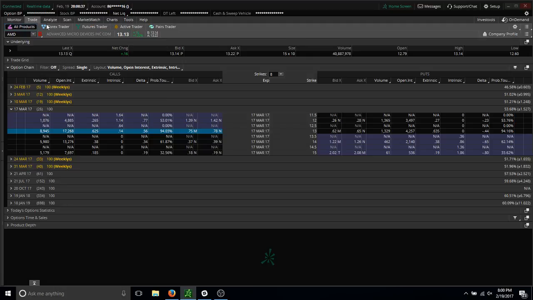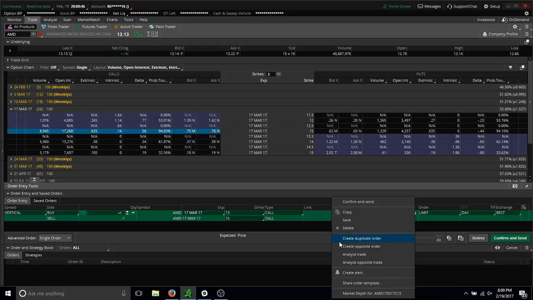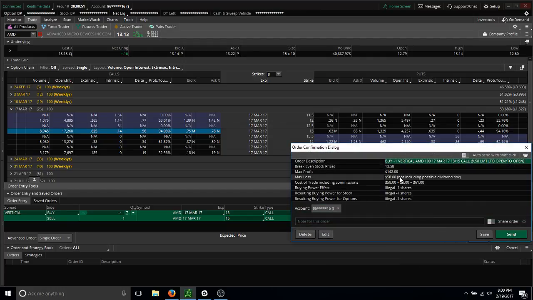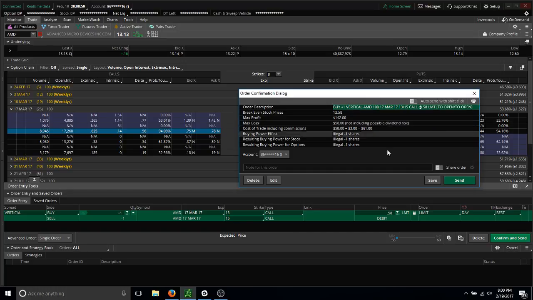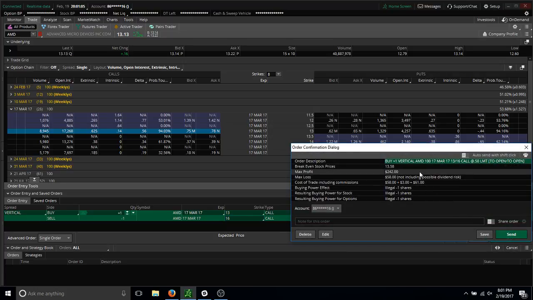Okay, so here's another way. It would probably be a little bit faster than clicking forward and backwards for you guys. So my 13.15, you saw my profit loss here. Max loss 58, max profit 142. So pay attention to these numbers. So my max profit has just gone up.